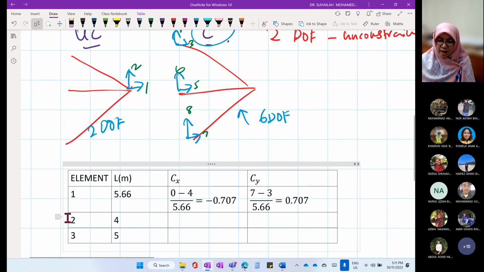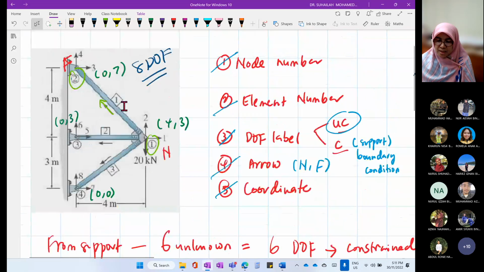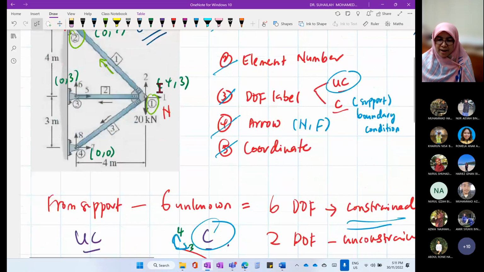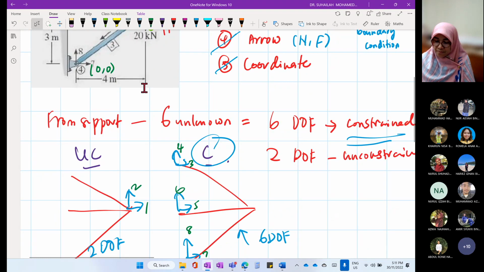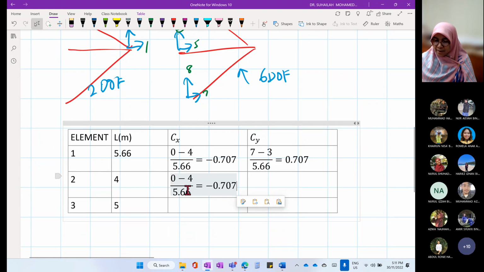Repeat the same for element number 2. It is 0 minus 4 divided by 4. We identify from the arrow: 3 is far, 1 is near. So it is 0 minus 4 divided by 4, and we get negative 1.